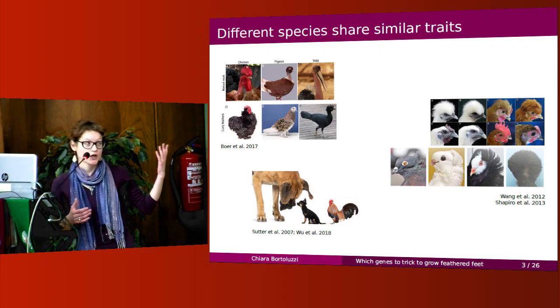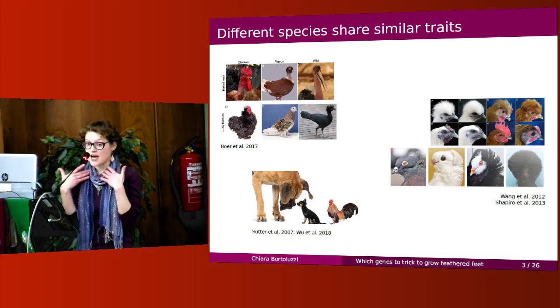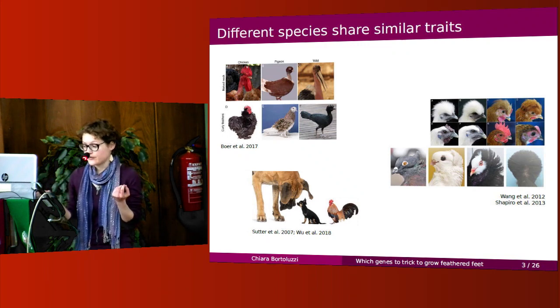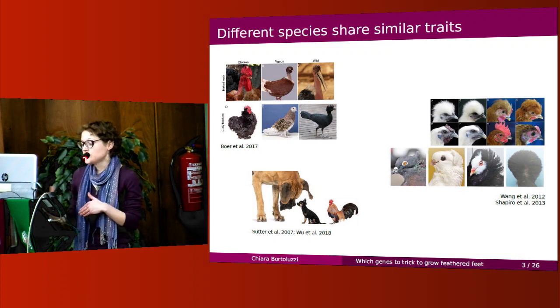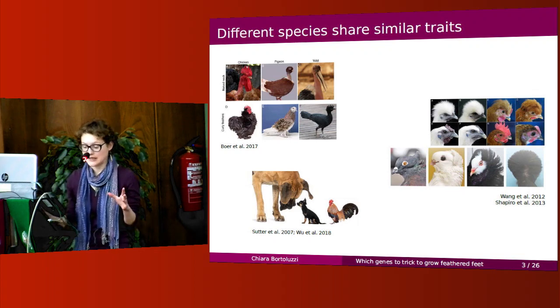For example, you can see on the top left the chicken and pigeon, with the absence of feathers on the neck, but also the curly feathers, or on the other side the presence of the crest in chicken and pigeon. But sometimes there are also traits that are very similar between distantly related species.